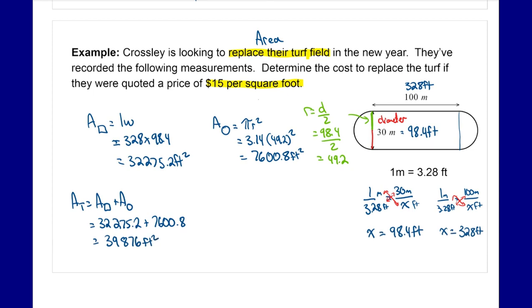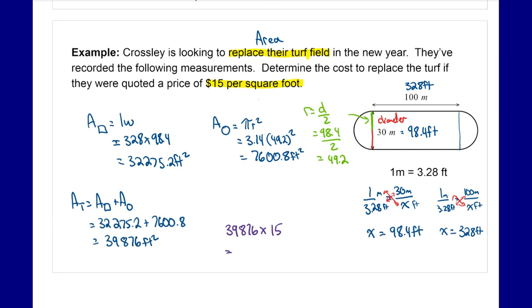Now, we're not quite done. We know how much turf needs to be replaced, and we do have a price, so we need to figure out the cost. So we take that area, 39,876, and multiply it by $15 because it's $15 per square foot.